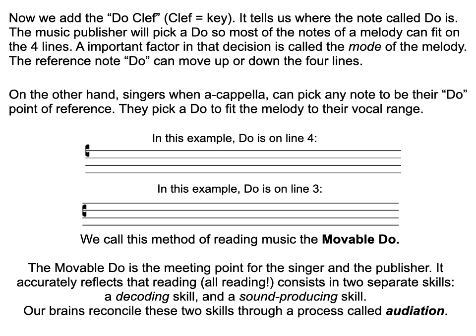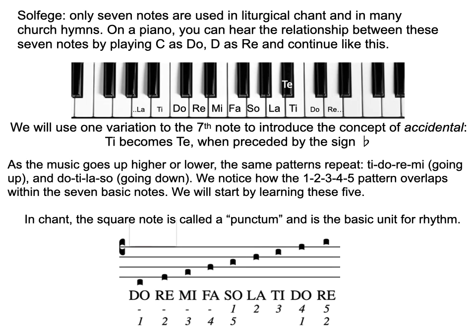Audiation is the ability and the process of hearing the music in your head before you spell it out, you sing it and you pronounce it. This audiation process is very, very important to reading music, like it is for all reading.